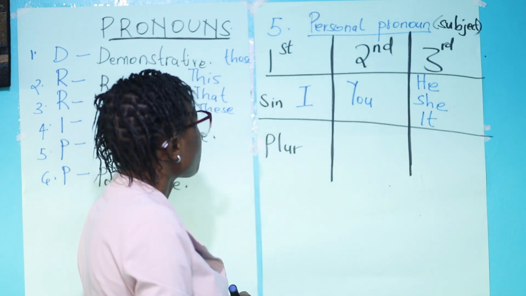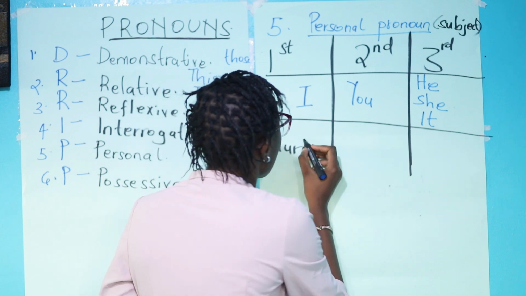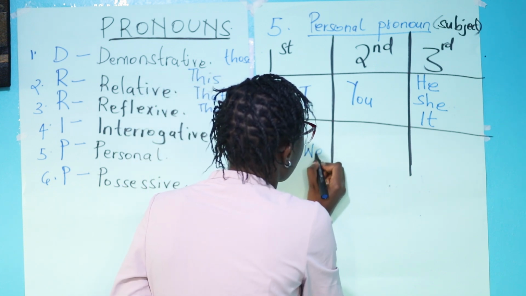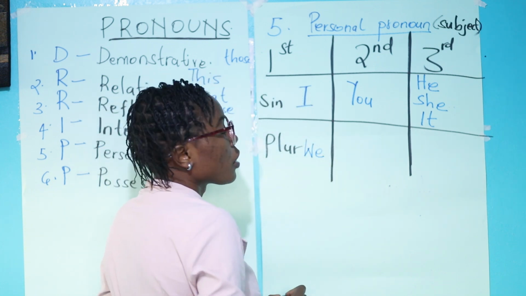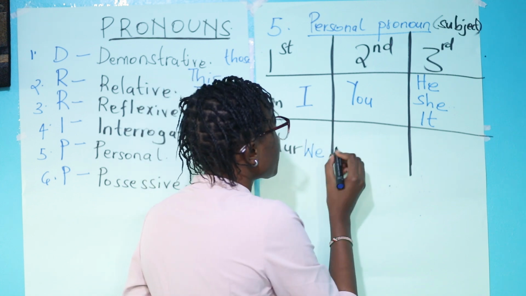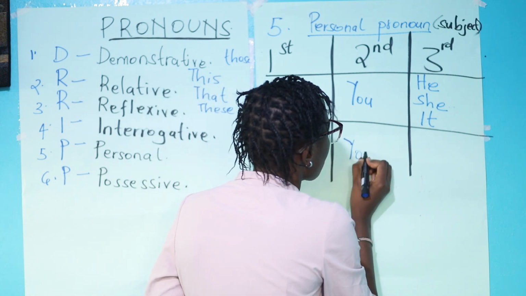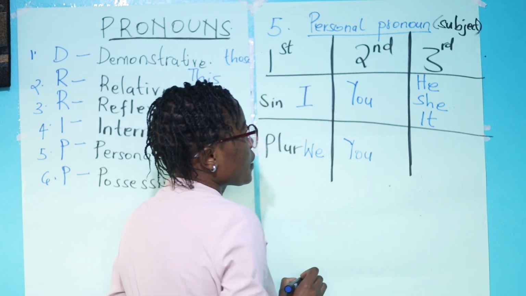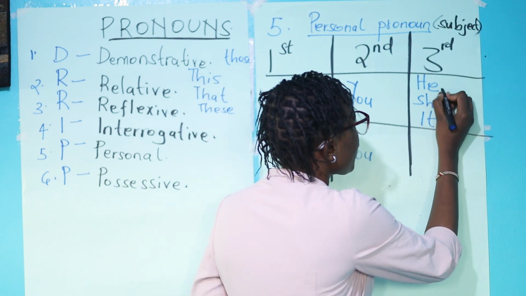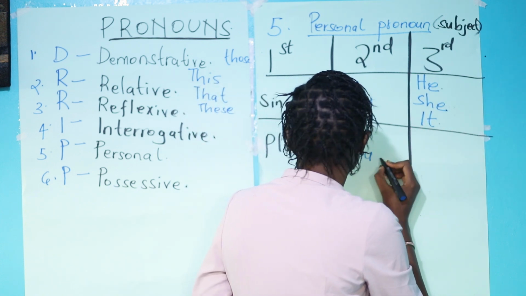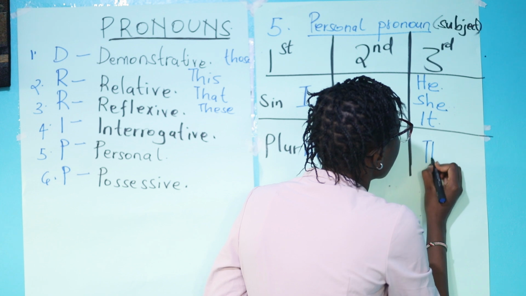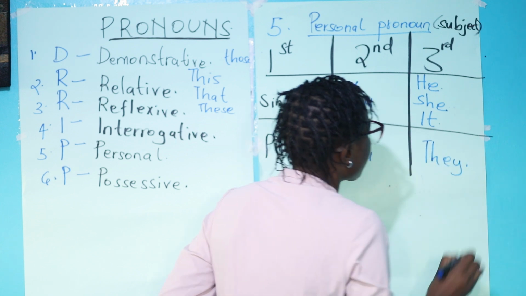In their plural forms, I will become we. You, because we cannot change it to form, it still remains you. All these he, she, and it, they will all become they.